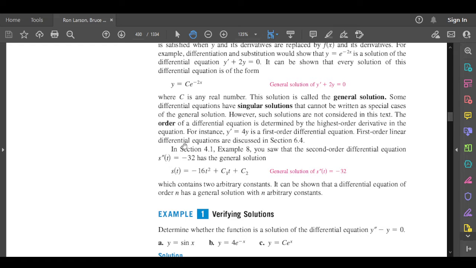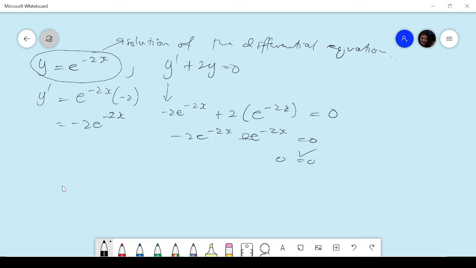And if you still remember our previous discussions, the original equation is given by this: s of t equals minus 16t squared plus c1t plus c2. Actually, we can show that the solution is this one by simply taking the integral of that differential equation.